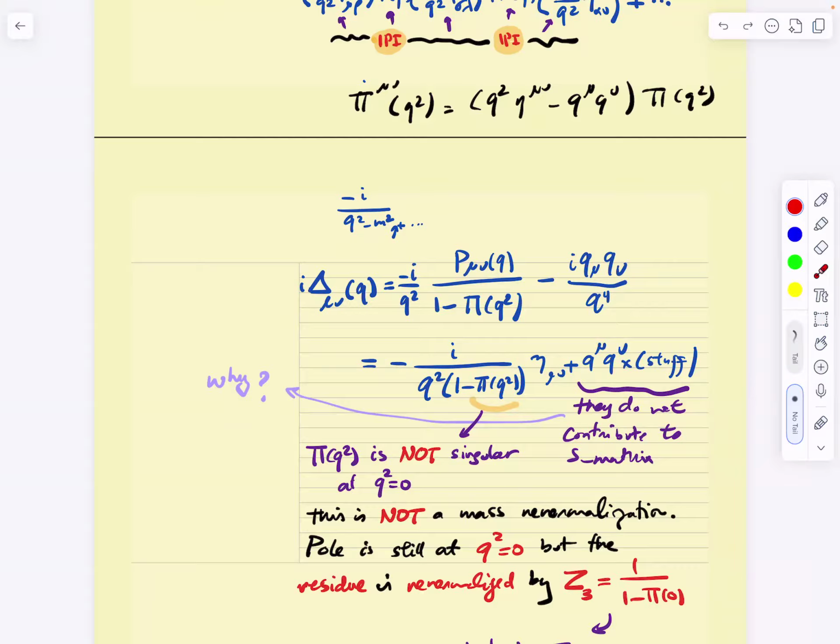Now, what is this guy? This is pi mu nu, which is what? This is eta mu nu, that projection, times pi of q.